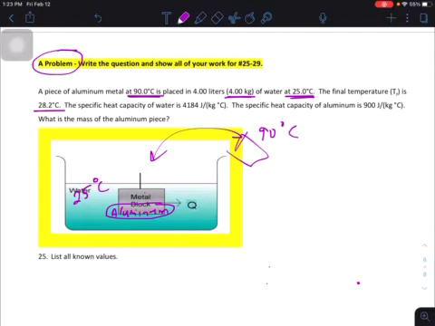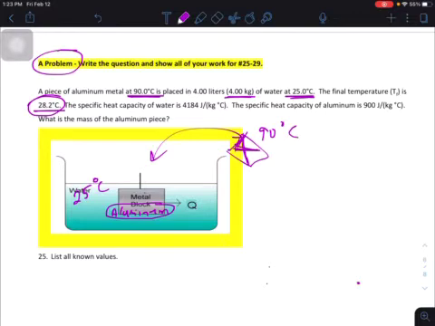So when the hot piece of metal at 90 degrees Celsius goes into the water, it sizzles, steam's given off, and the water temperature goes up from 25 to 28.2, and the metal temperature goes down from 90 to 28.2. So the final temperature for both the metal and the water is 28.2 degrees Celsius.